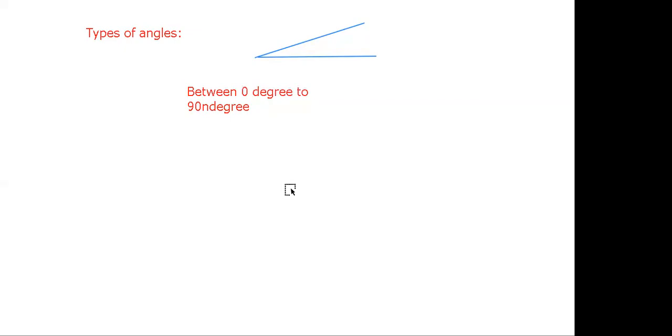Another example of an angle: one straight line and another straight line, these two straight lines are equal to 90 degree.